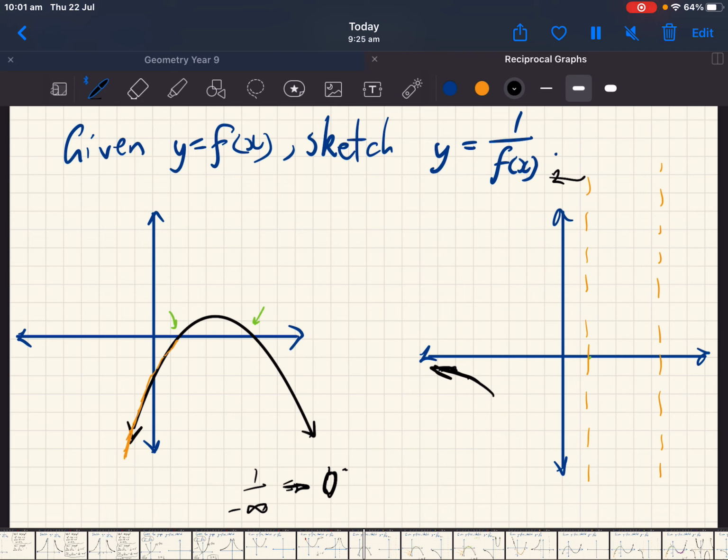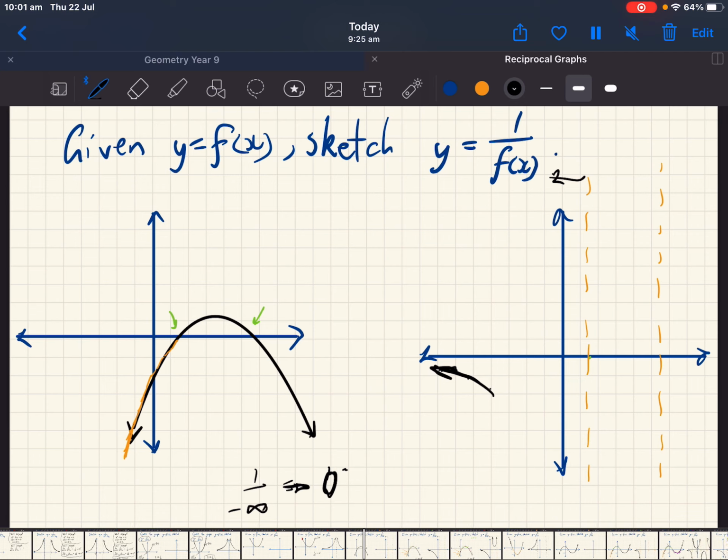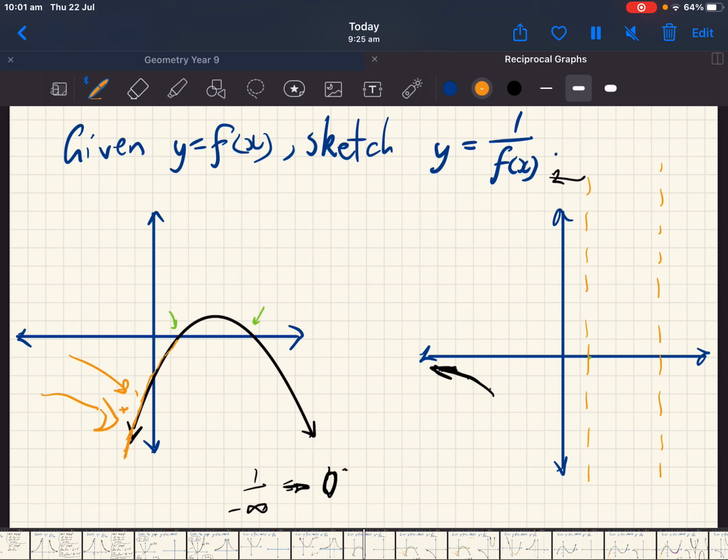And the other point to illustrate is, look, during this section that I've just highlighted orange, it's negative. It's got negative values, meaning our function can't turn and go back up. If f of x is negative, the reciprocal will also be negative. Now I'm looking at the slope.